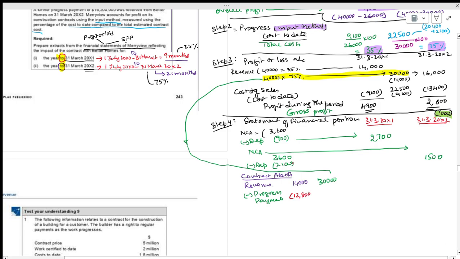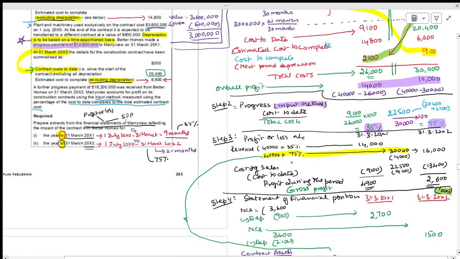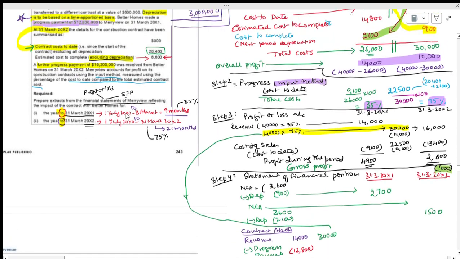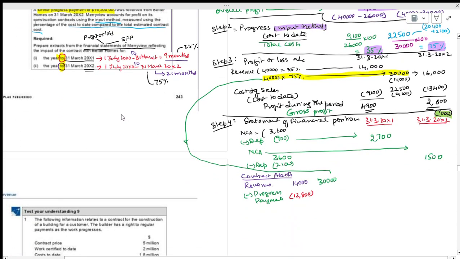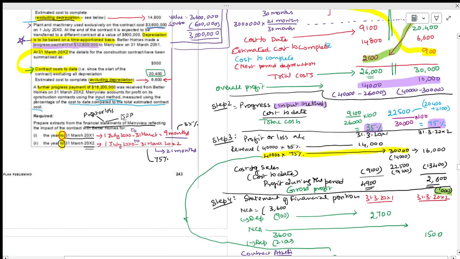And how much is the progress payment in the next case? A further progress payment is how much? 16.8. Is it right? And further 16.2.